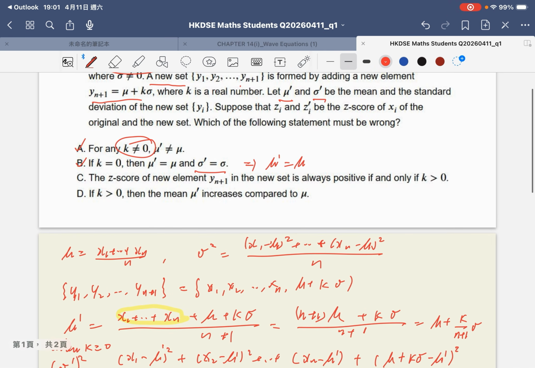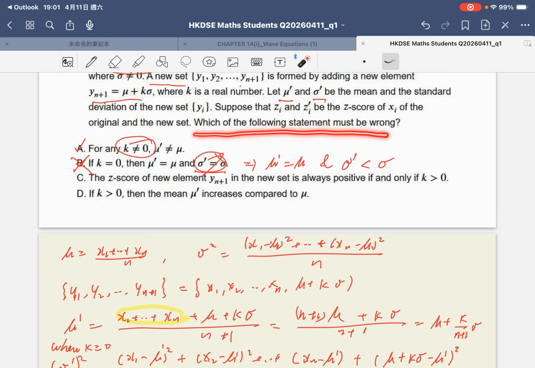Therefore, this is not true, because sigma pi is less than sigma. So this one must be wrong. Next I will explain why these other two options are correct.